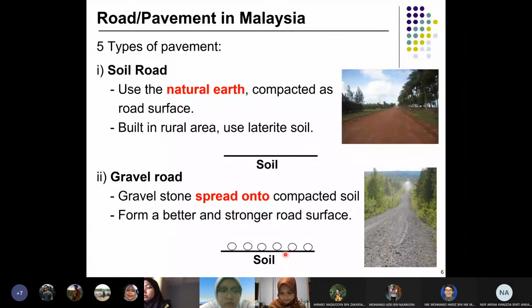Right, so beza dia yang ni tanah, di top up dengan dekat atas tu dia put up a layer of gravel. So this is called as gravel road. Okay. Compare between these two, of course gravel road lagi kuat lah sebab dia more strong. Layering dia pun lebih banyak sebab dia ada 2 layer. Soil pun dah ada, the existing soil pun dah ada, dan juga ditambah dengan gravel, then they compact it. Okay. It is much stronger.